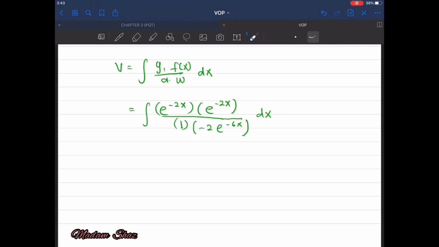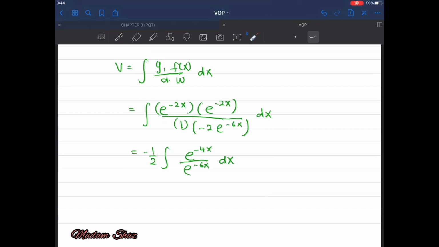You have to simplify before you integrate. Any constant, bring to the front. You have negative 2 at the bottom, so bring to the front it becomes negative 1 over 2. Exponent negative 2x multiplied by exponent negative 2x becomes exponent negative 4x, divided by exponent negative 6x dx.